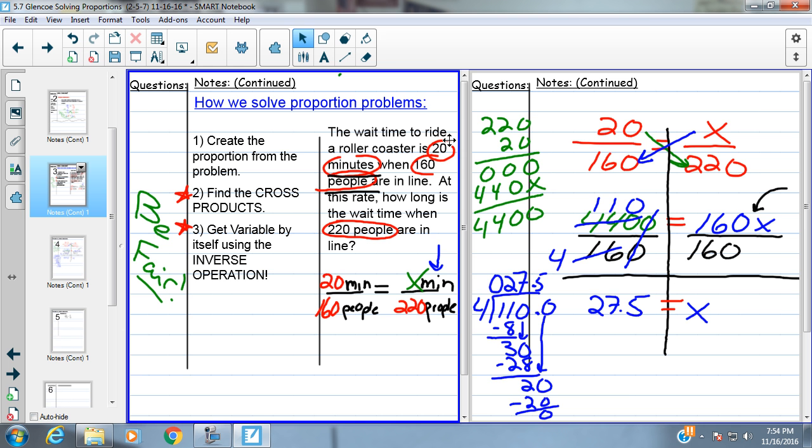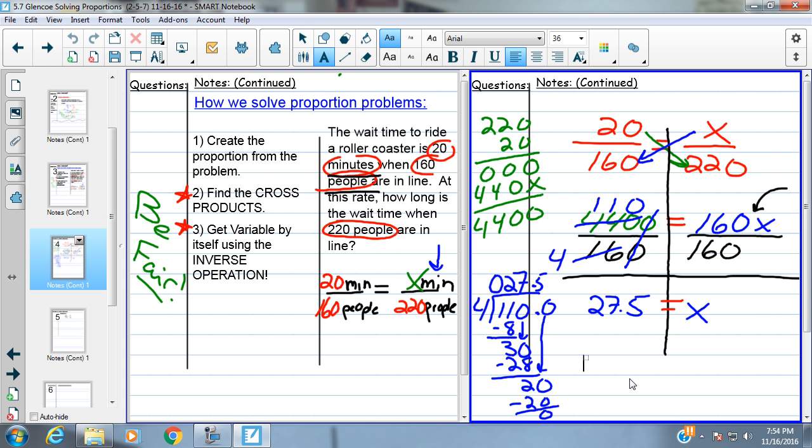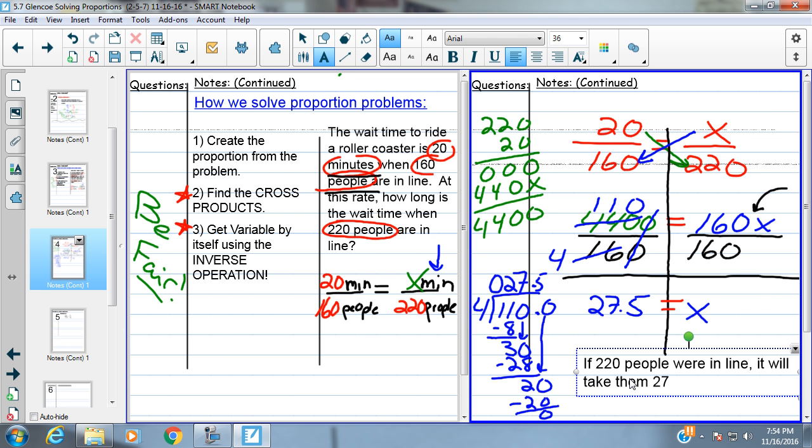And we're going to write that out with a sentence. So, if 220 people were in line, it will take them 27.5 minutes to make it to the roller coaster. That's not too bad, right?